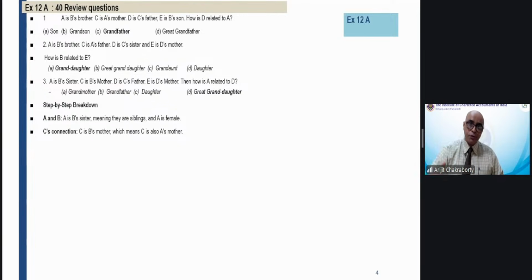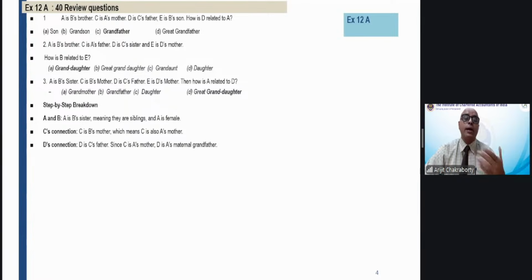This next generation, you can call it the second generation. Then we have D's connection. D is C's father. Since C is A's mother, automatically D becomes the grandfather. In other words, D is A's grandfather, but what type of grandfather? Paternal or maternal?